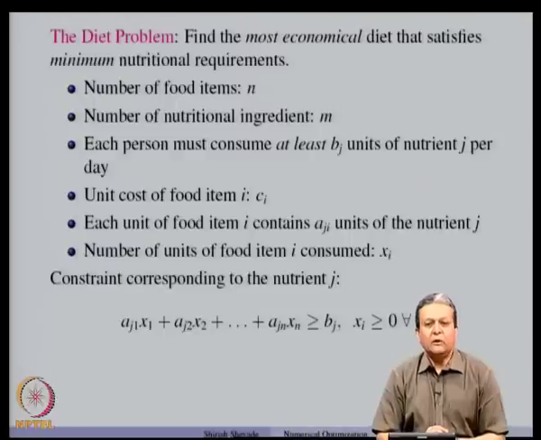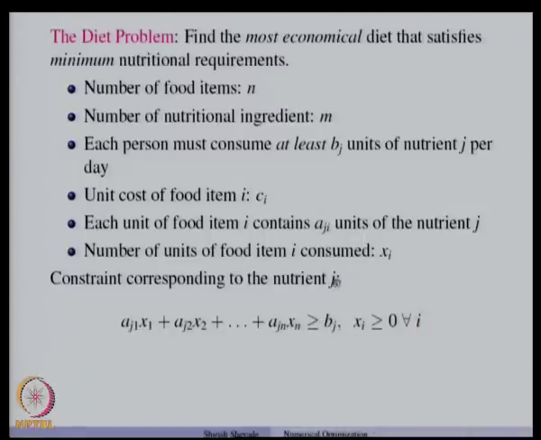Corresponding to the nutrient j, we need to satisfy the constraint that Aj1 x1 plus Aj2 x2 up to Ajn xn is greater than or equal to Bj, because we should consume at least Bj units of the nutrient j per day, and each unit of food item i contains Aji units of nutrient j.